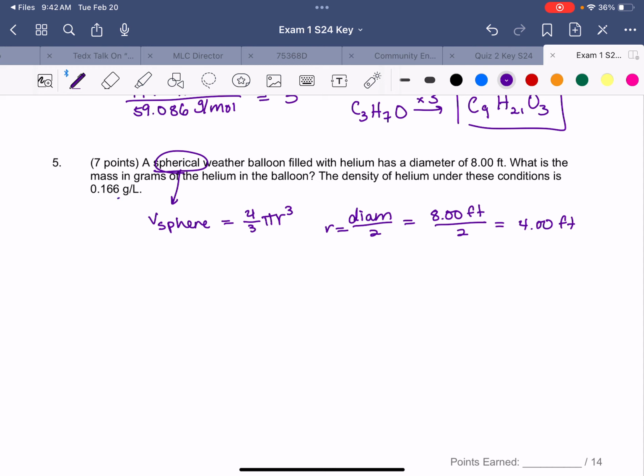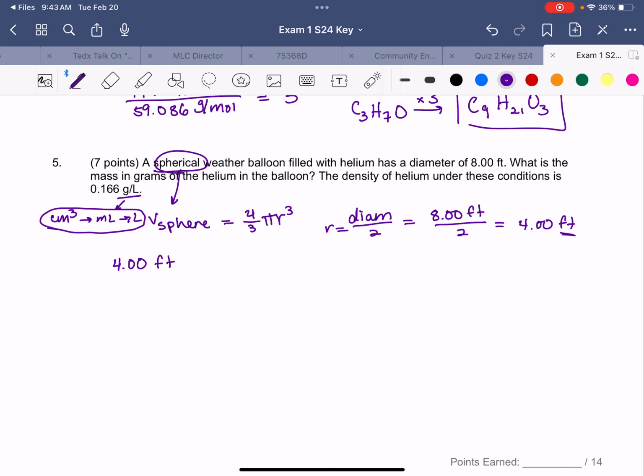Also, we're given the density in grams per liter. Since we're given the density in grams per liter, we know that usually we have grams per centimeter cubed. And that's the same as 1 mil, and that'll take us to liters. And so that's a good reminder that we should probably convert our feet to centimeters cubed. So I do that right away.